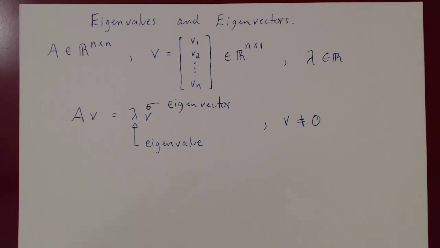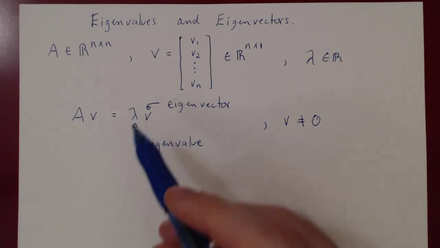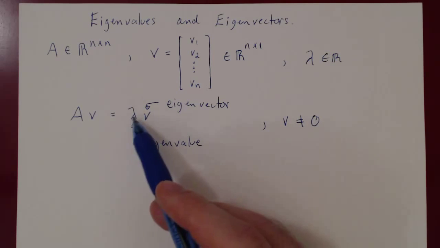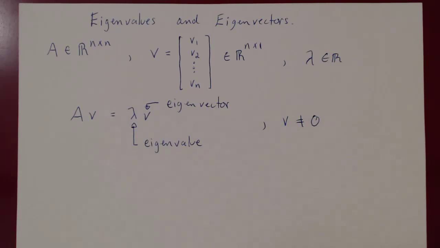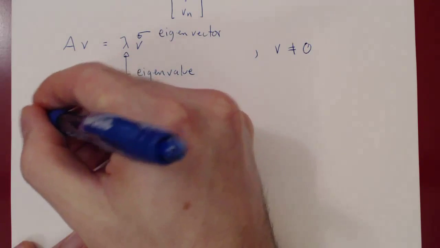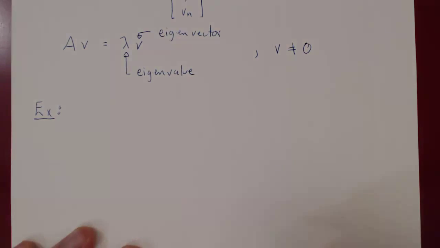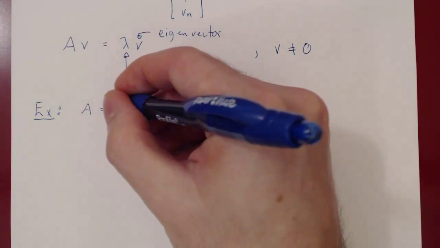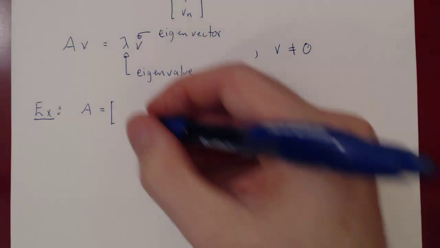Let's consider an example where we have an explicit eigenvalue and eigenvector V. And then we'll ask in general, how do we find an eigenvalue-eigenvector pair? So here's an example. We'll take a 2 by 2 matrix. So we'll take A to be the matrix 4, 2, 3, negative 1.